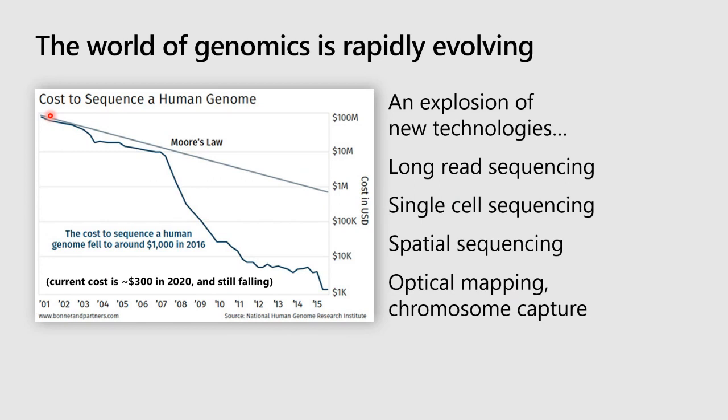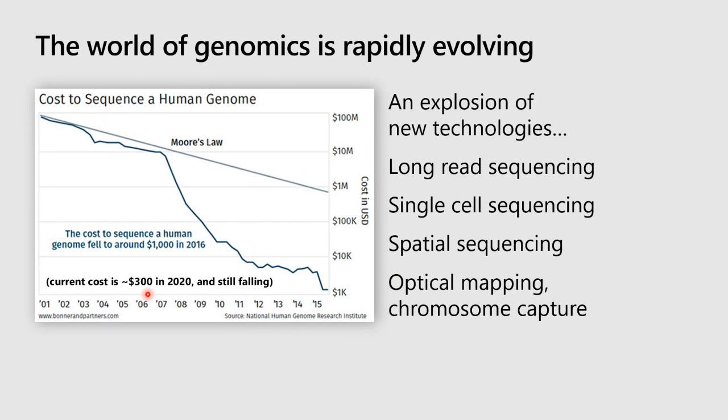Well, genomics is the one field out there that actually breaks Moore's Law. Thanks to an explosion of new technologies, the cost of a human genome has rapidly depreciated over the last 15 years, and currently sits between $100 to $300, depending on what technology you're using.